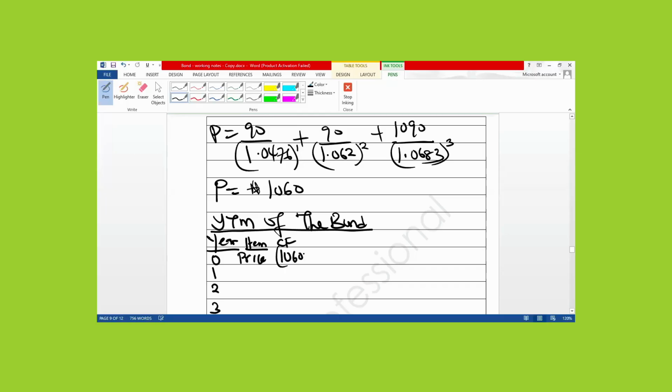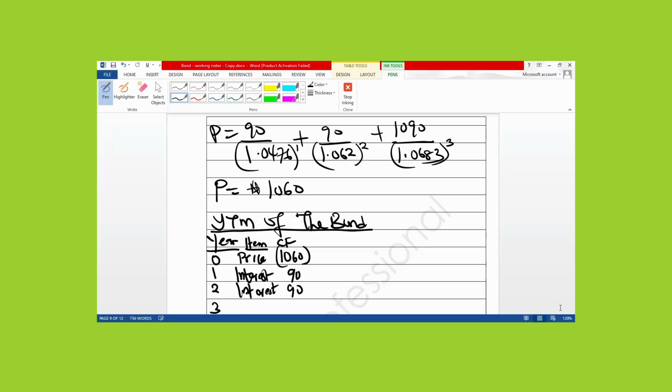If I'm buying the bond now, I'm going to pay 1,060 naira. So your price will be in brackets, an outflow. Interest in year 1, 90 naira. Interest in year 2, 90.